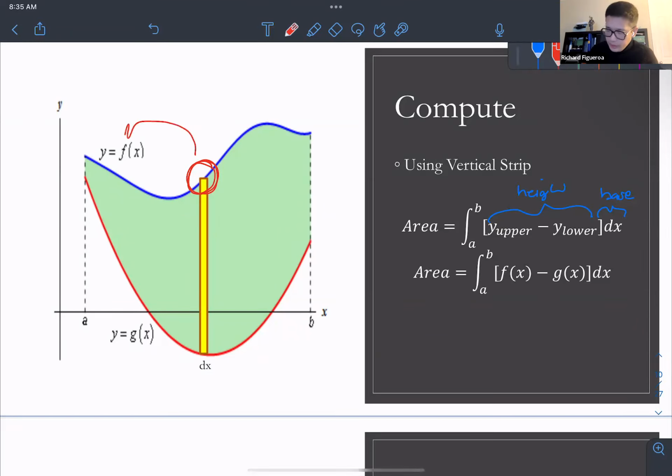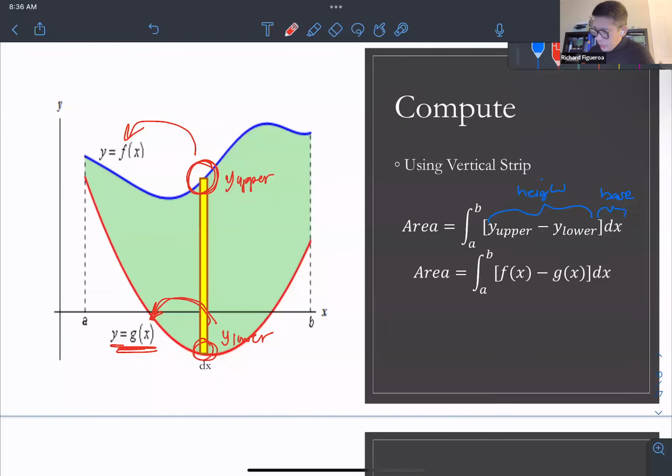So this is the y upper. Y is equals to f of x. And the y lower is this one, the red one. So y is equals to g of x. So that is the y lower. Our formula is y upper minus y lower times dx.